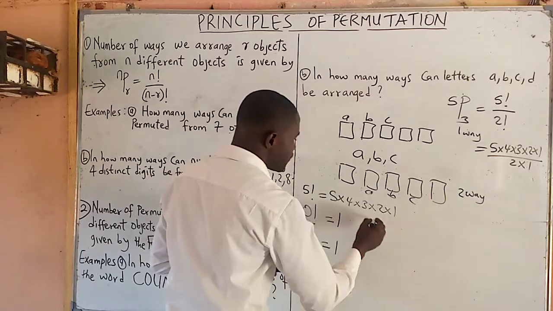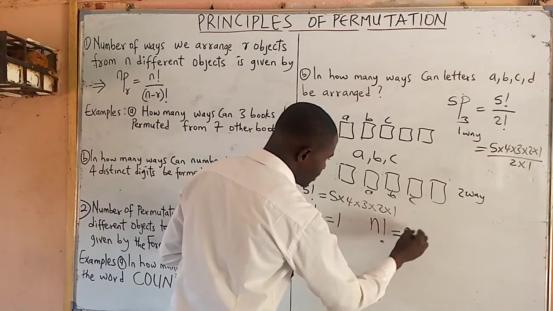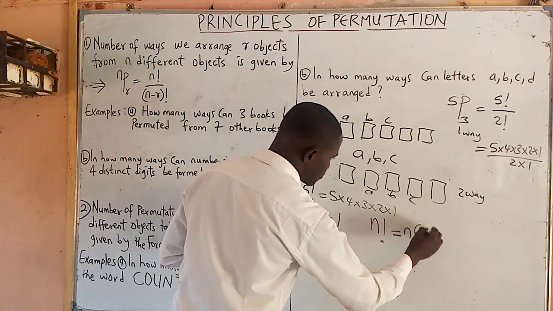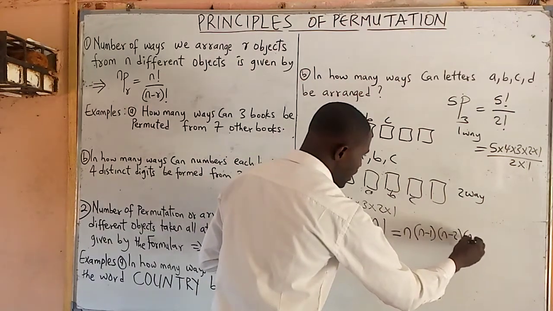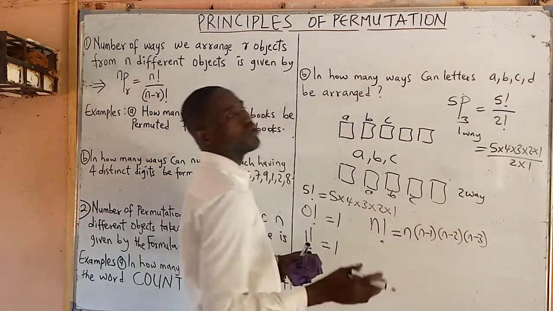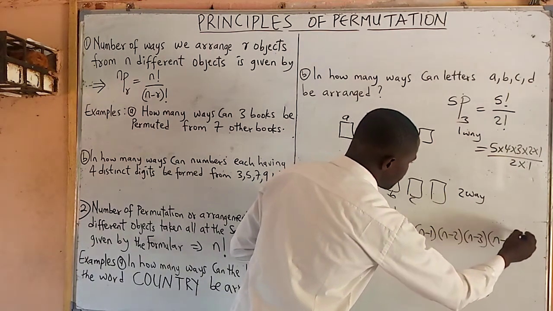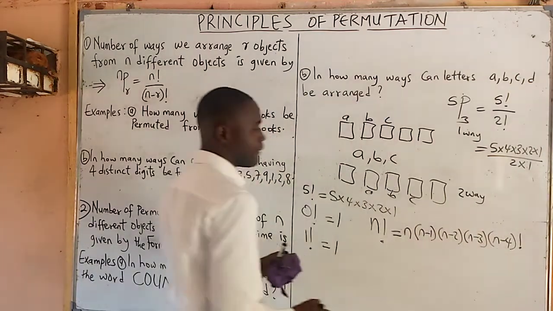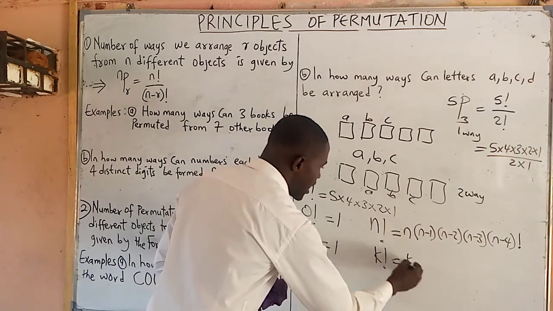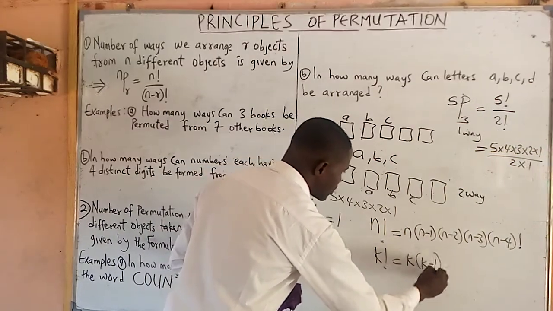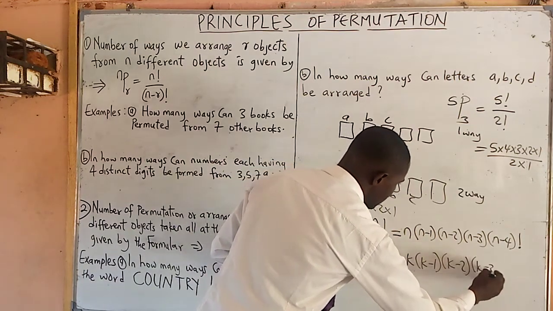When you have any factorial, the answer is n times (n minus 1) times (n minus 1 again), and you continue till you are tired. So if I am tired at this point, I will put my factorial as well. If they say k factorial, it will be k times (k minus 1), (k minus 2), (k minus 3).